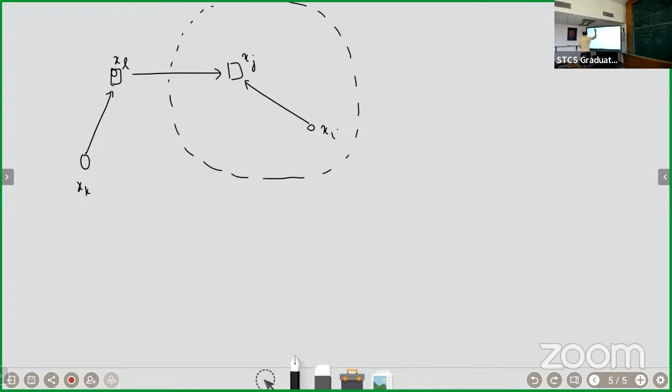So let's set it: the square is the receiver and the circle is the transmitter.